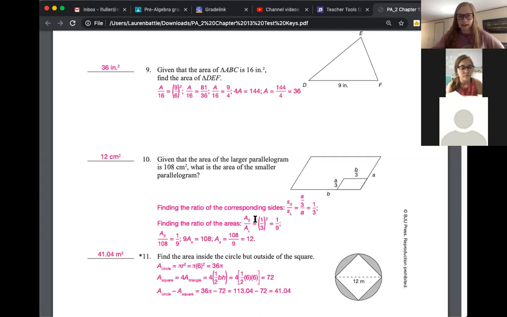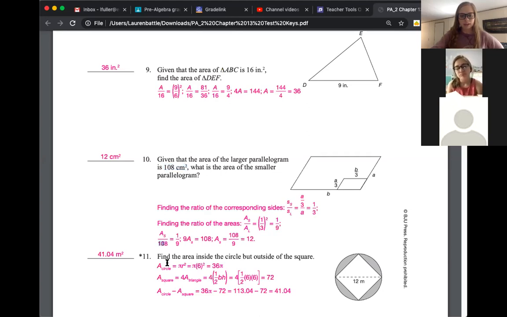Now that I have my ratio of corresponding sides, I can now find the area. So the area of the smaller parallelogram over the area of the larger parallelogram is equal to the corresponding sides squared, which 1 over 3 squared is 1/9. Well, they gave us the area of the larger parallelogram, which is 108.